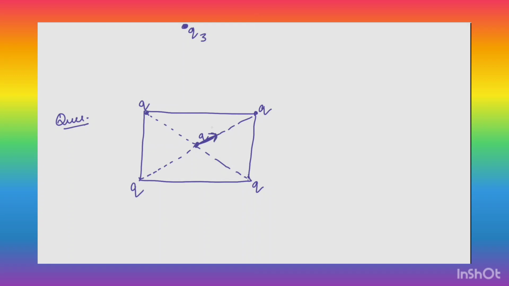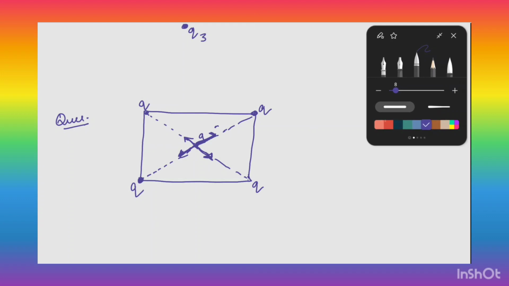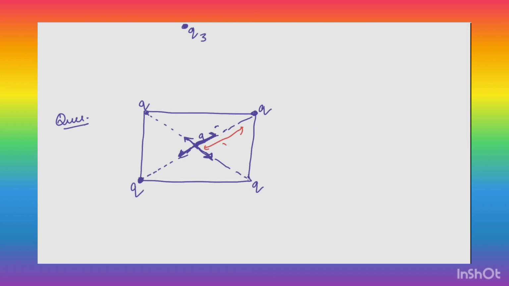means this will be force due to this particle, and this force will be due to this particle. Similarly here and here, as we know it is a square, therefore this length will be equal to this length, and this length will be equal to this length.